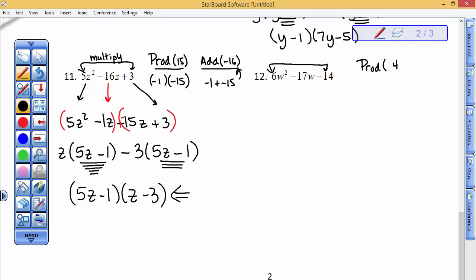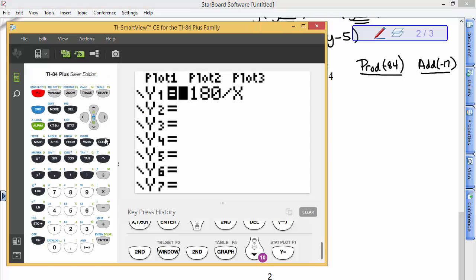If you take your graphing calculator and you put into the y equals key, see this negative 84 divided by x? I'm going to clear that. See our 84?